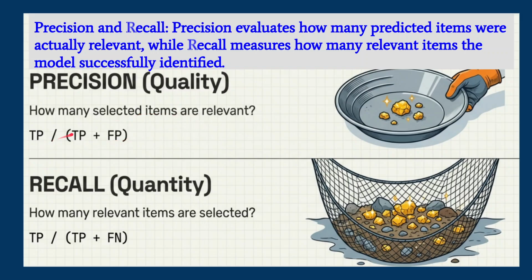That means TP by TP plus FP. And in the case of recall, how many relevant items are selected? We have many items, that is the quantity. So you are choosing something, how good it is, that is the quality. We are going to choose relevant items as the quantity. So it is given by TP by TP plus FN. Okay, so this gives the precision and recall metrics.